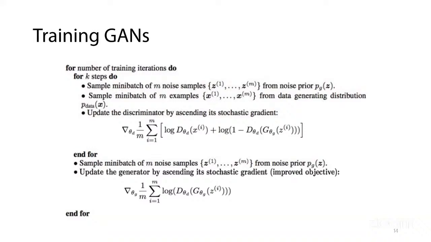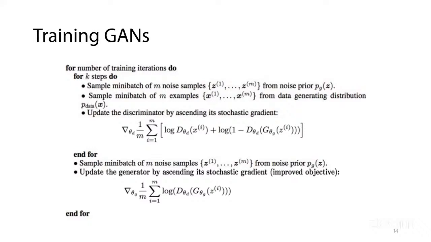And then instead of the original 1 minus this part, we're maximizing this. So maximization again. So from a minimax problem, now we have a max problem. And while the generator gets updated, we freeze the discriminator weights and do nothing about the discriminator. And then we basically switch back and forth, which is how GANs are trained.